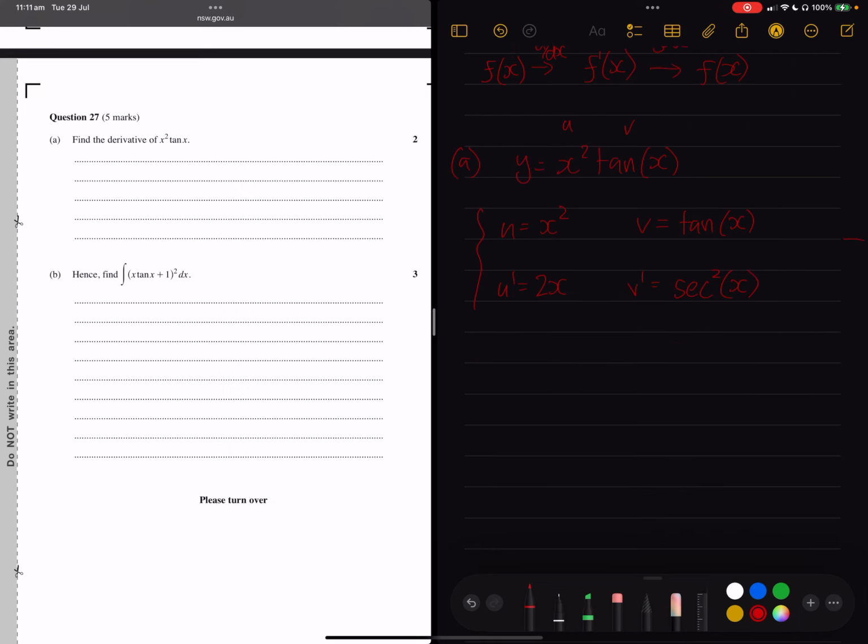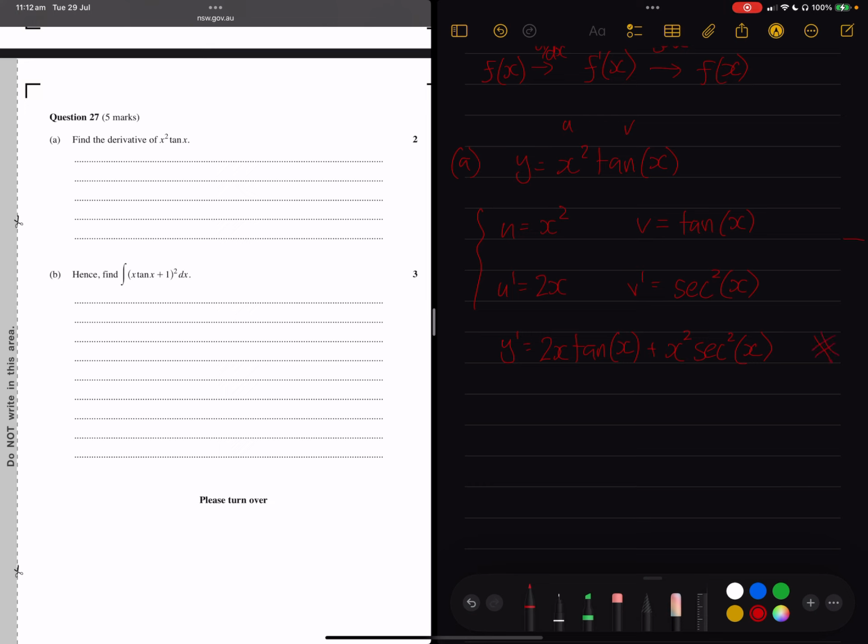So we end up with y prime is u prime v, which is 2x tan of x, plus u v prime, which is x squared times secant squared of x. So for the derivative, this is what we're after.